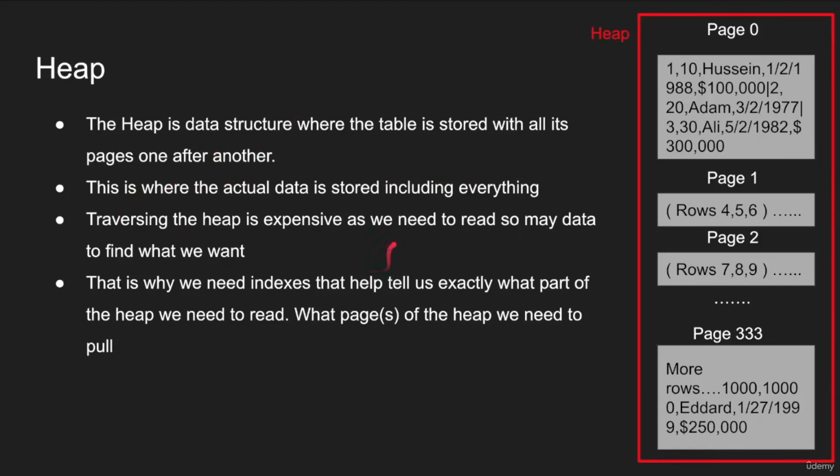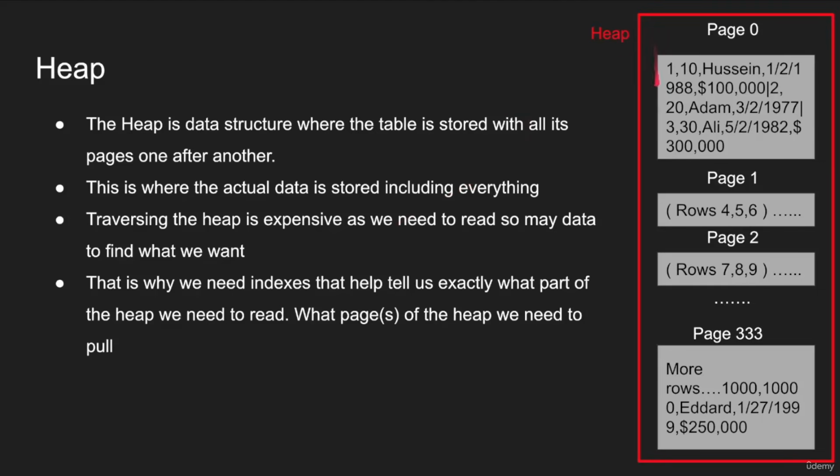Traversing the heap is expensive as we need to read so much data to find what exactly we want, right? Because usually when you read stuff from the heap, you're looking for a few things, but the heap gives you everything, and that's costly, right? This is why we need indexes that help tell us exactly what part of the heap we need to read.